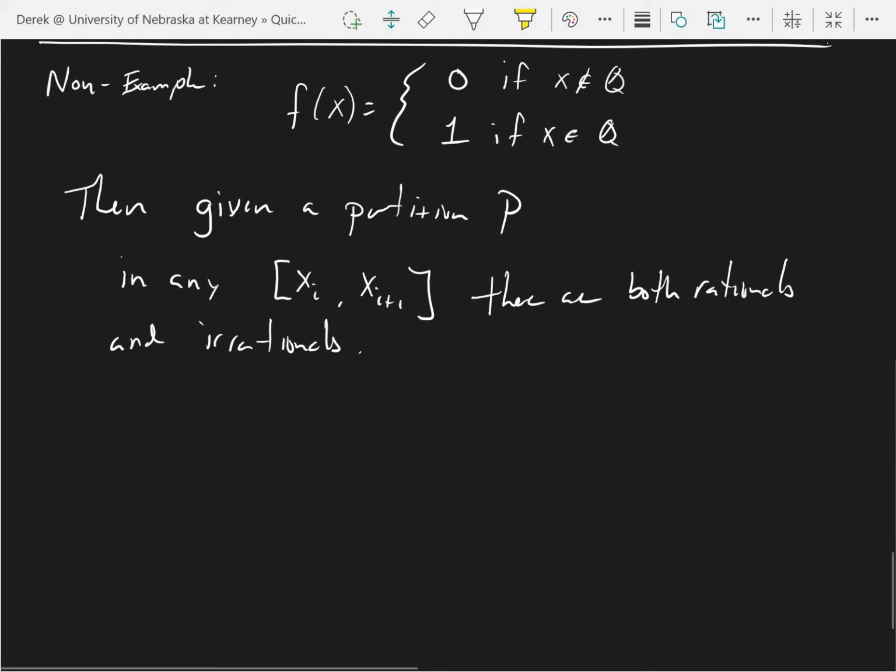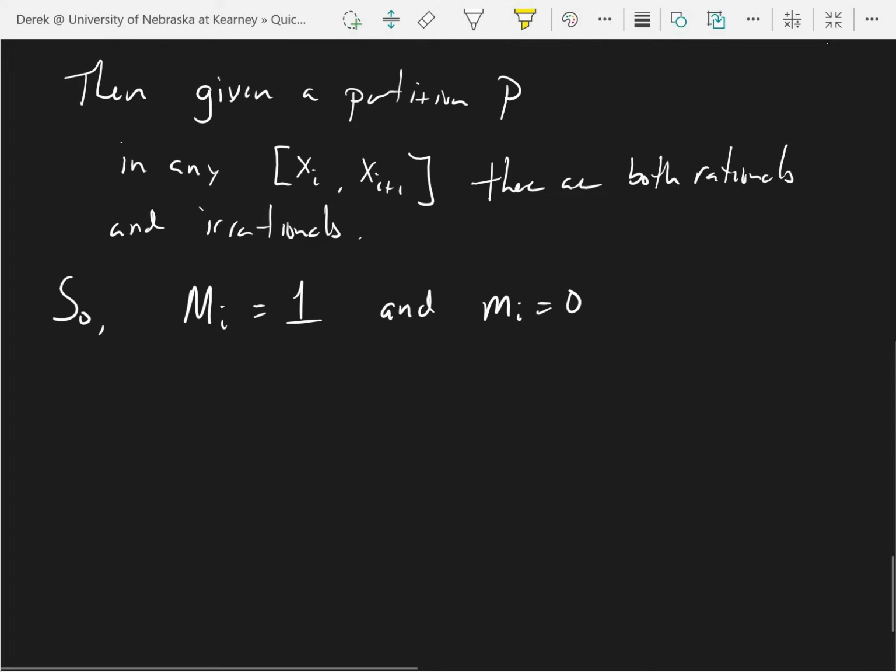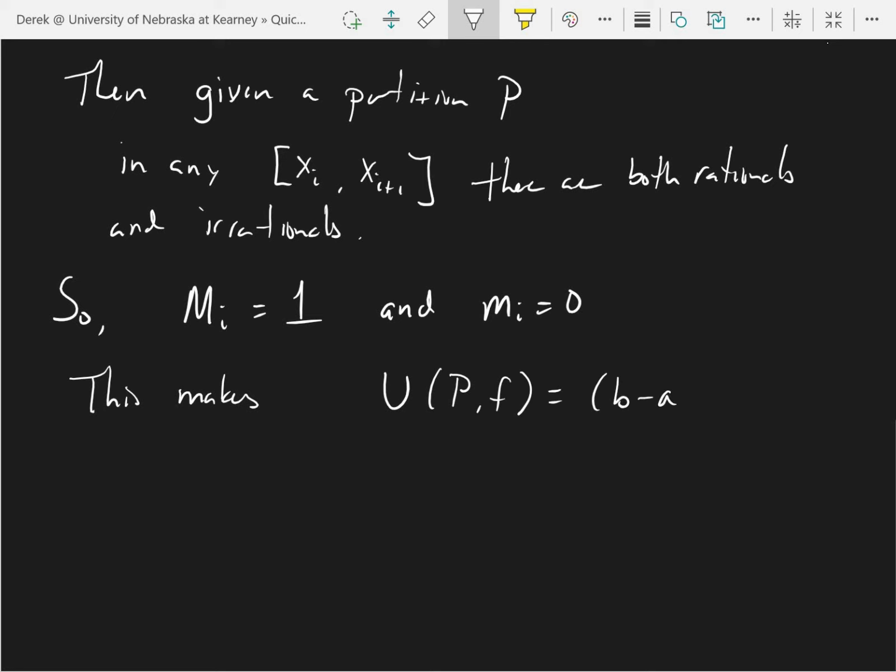Okay, that means that big M sub i is equal to 1 then, and little m sub i is going to be 0. Okay, this gives me the upper integral on the partition of f equal to b minus a, whatever b and a were, and the lower integral is going to be 0, right?